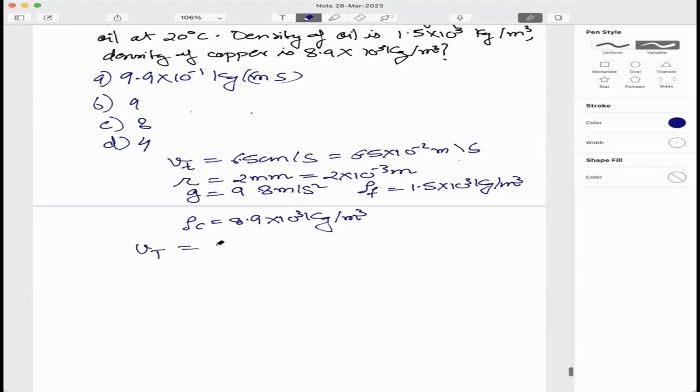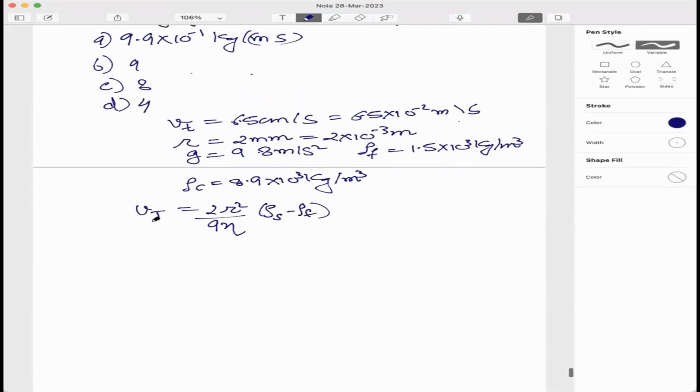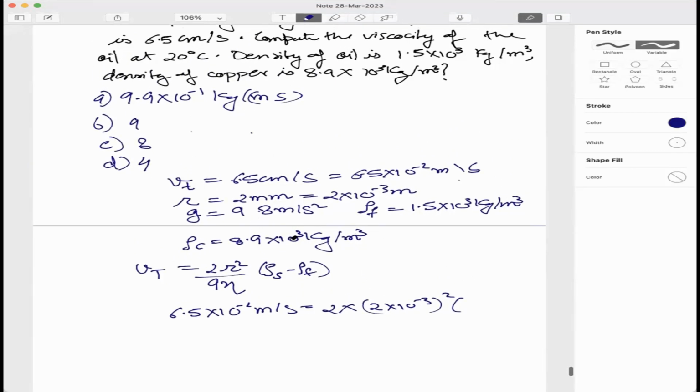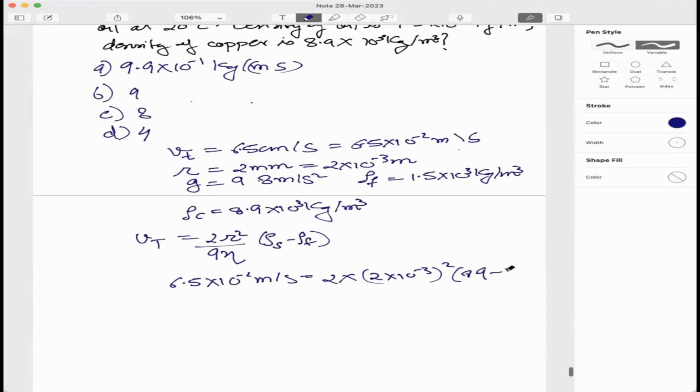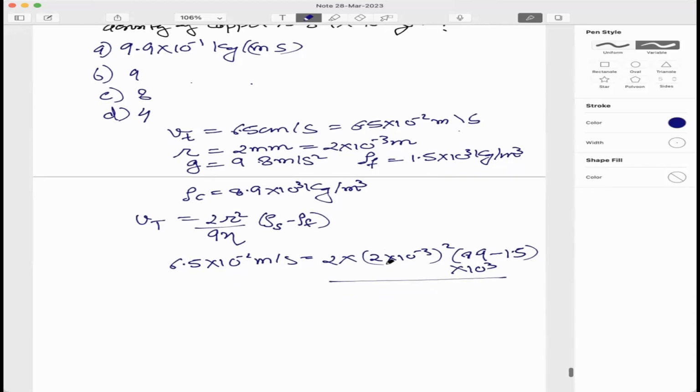So the terminal velocity formula, I have already derived, that is 2r square by 9 eta into rho solid minus rho fluid, and terminal velocity is given, that is 6.5 into 10 to the minus 2 meter per second. 2 into (2 into 10 to the minus 3) square into (rho s minus rho f), that is 8.9 minus 1.5 into 10 to the power 3, divided by 9 eta.